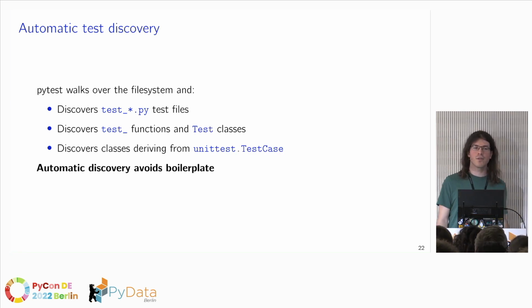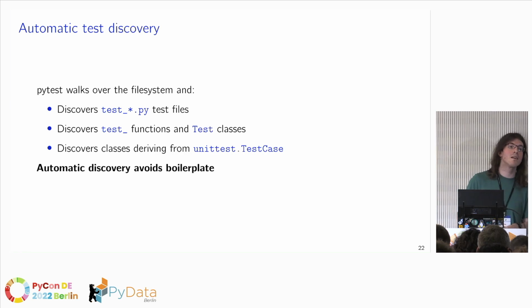And this auto-discovery avoids boilerplate. It avoids that you need to register your test somewhere, where I'm sure you would write the test and forget to register it and it wouldn't get run. So that's why this auto-discovery is there.